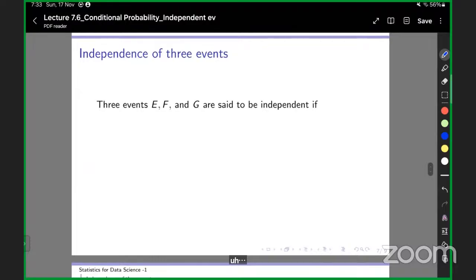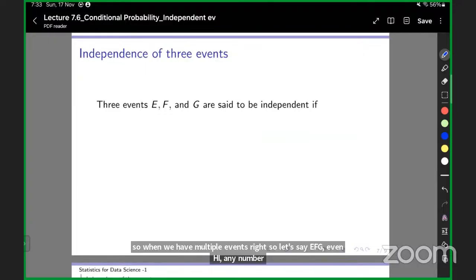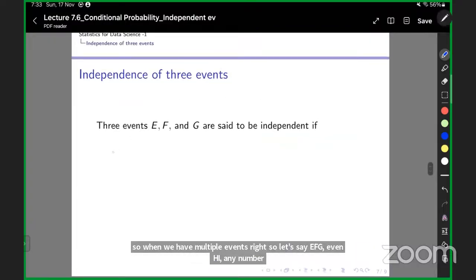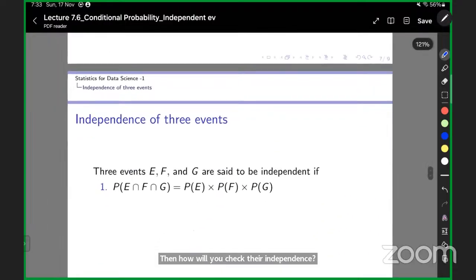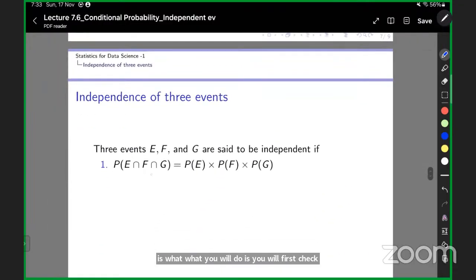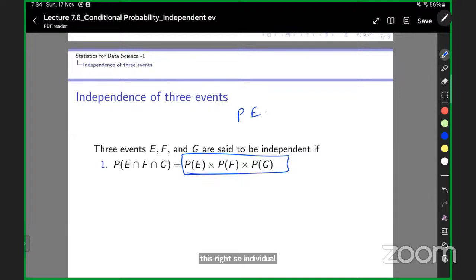Okay, so when we have multiple events, right? Let's say E, F, G, even H, I, any number, then how will you check their independence? What you will do is first check that P of E intersection F intersection G should be equal to the product of the individual probabilities, right?